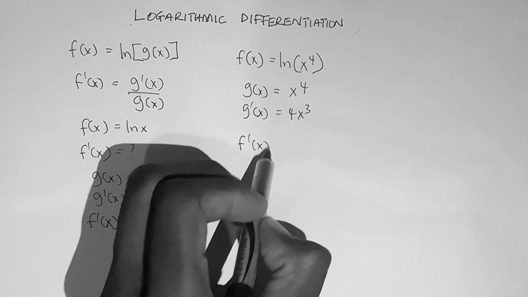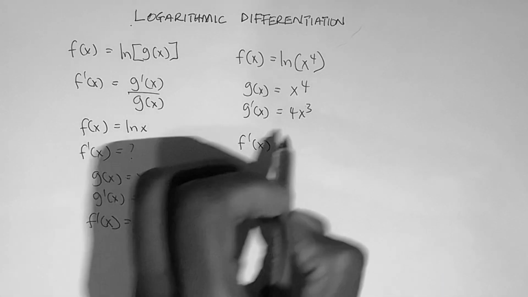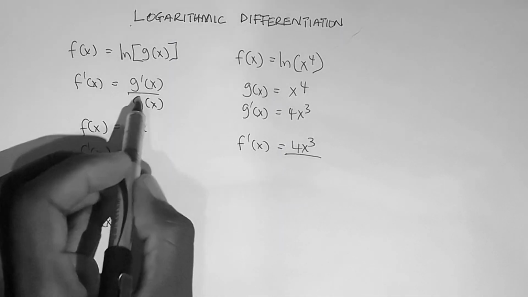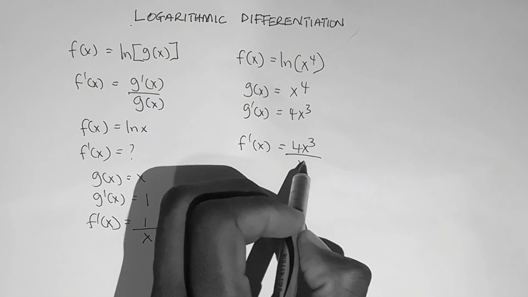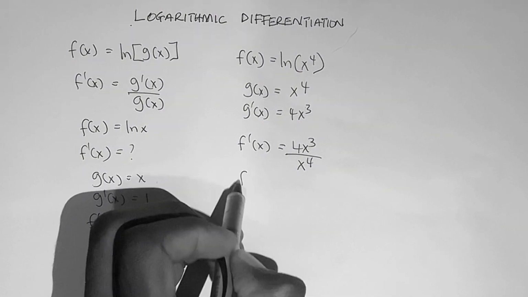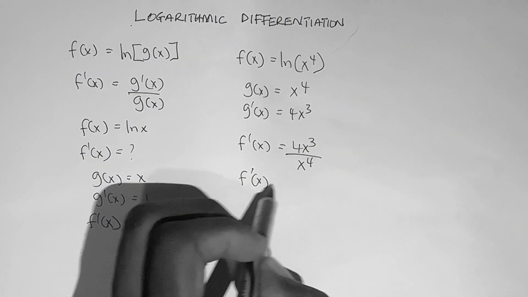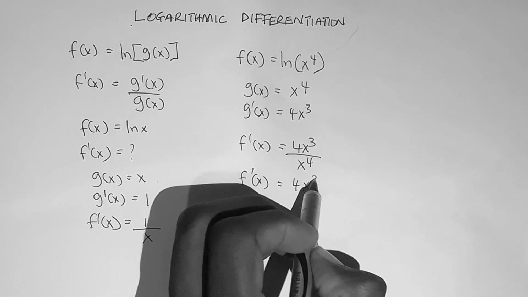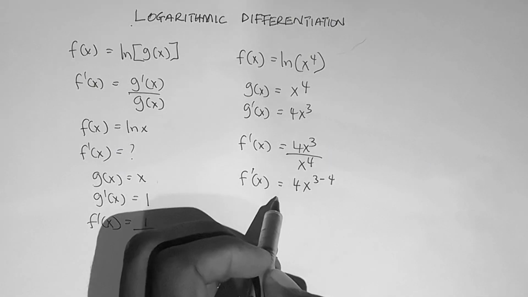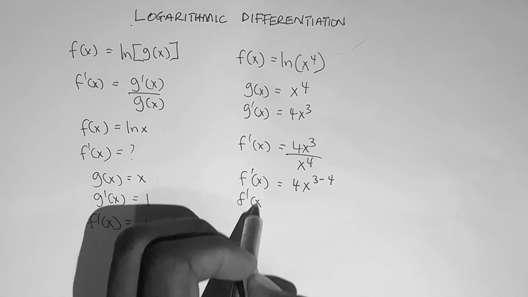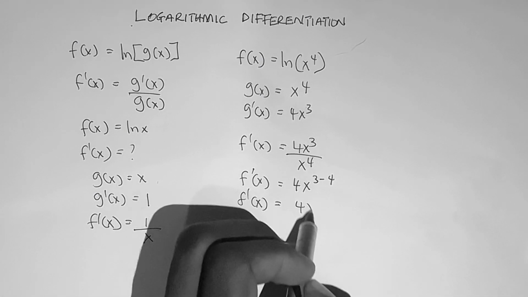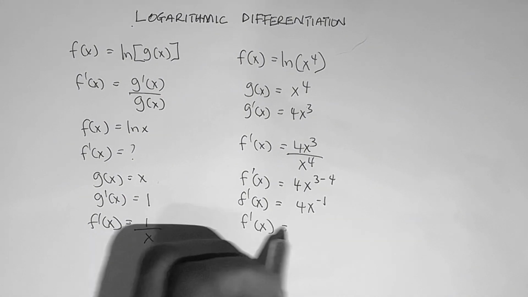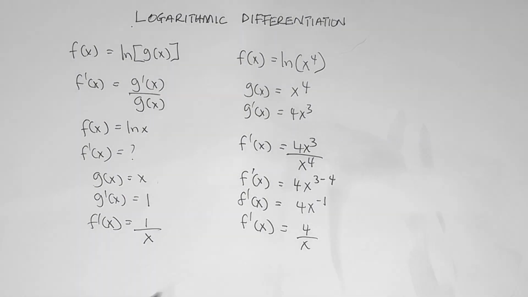So f prime of x is equal to g prime of x, which is 4x cubed, divided by g of x, and g of x is x exponent 4. So f prime of x is equal to 4x exponent 3 minus 4, which is 4x exponent minus 1. So f prime of x is equal to 4 over x.